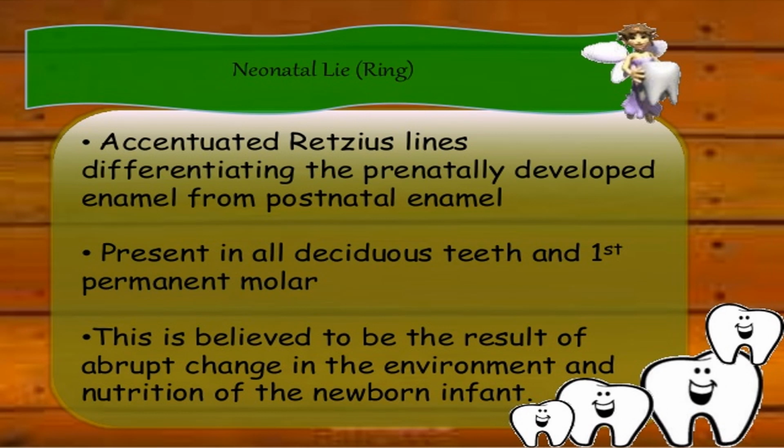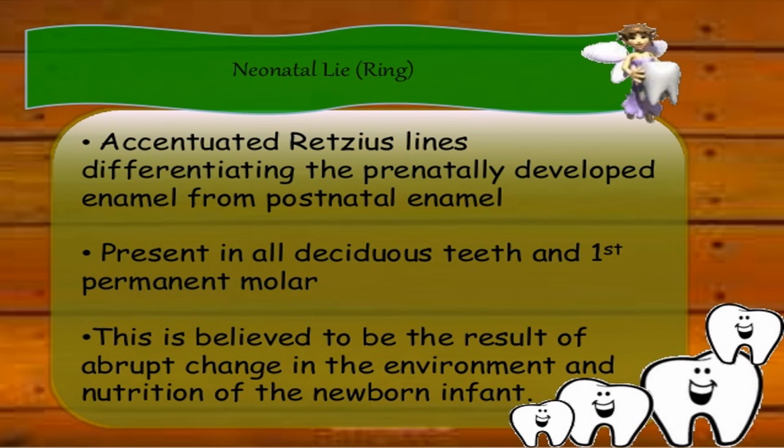What is neonatal line? Neonatal line is something like a ring. Neonatal lines are defined as accentuated lines of Retzius, differentiating the prenatally developed enamel from postnatal enamel. Neonatal line is that line which differentiates prenatally developed enamel from postnatal enamel. Present in all deciduous teeth and first permanent molar. This is very important.